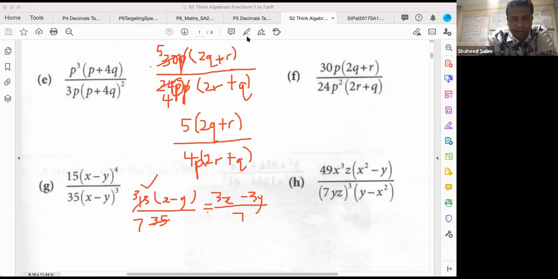But you have to make it the same in the bracket first. How? I will show you in a moment. Okay, I may have to break it down. And the 7yz, you got to expand it first. Clue number 2.